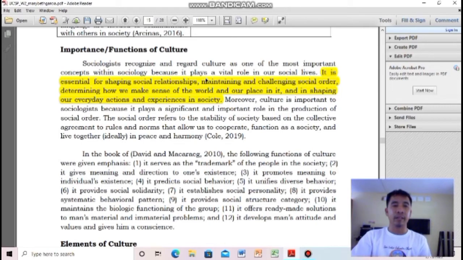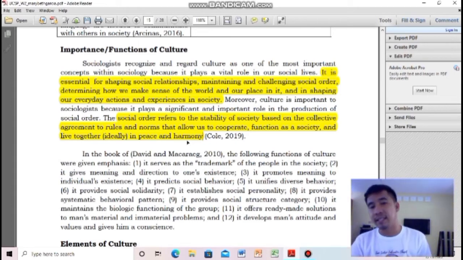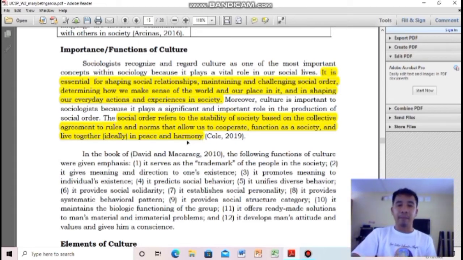The social order refers to the stability of society based on the collective agreement to rules and norms that allow us to cooperate, function as a society, and live together in peace and in harmony. So social order guides us in how we deal with one another, how we live as good people with peace and harmony.